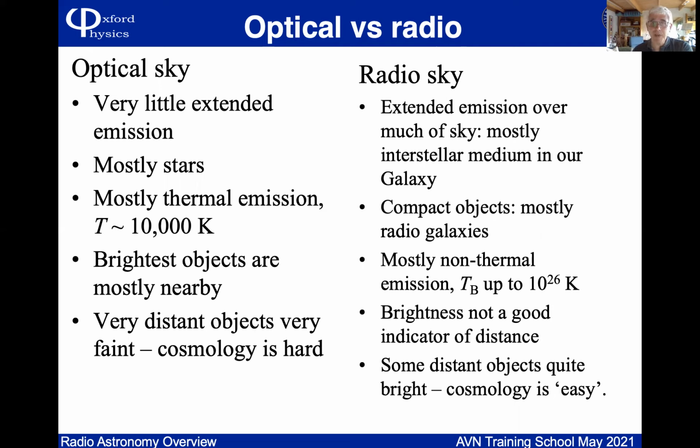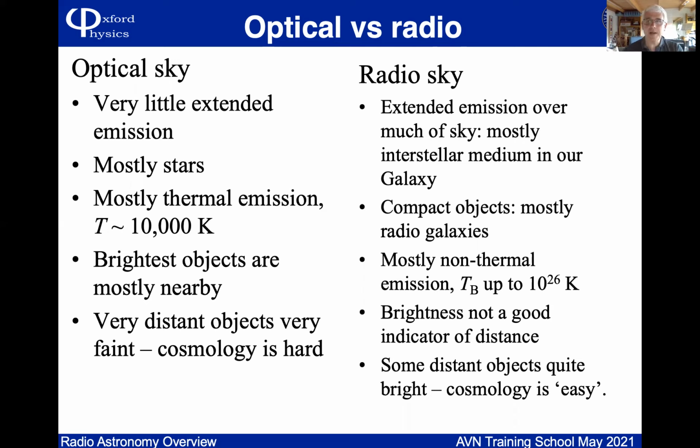In the radio sky, however, we see extended emission over much of the sky. We see a lot of compact objects as well. These are mostly radio galaxies. Mostly the emission that we see is non-thermal, and the brightness temperatures, we'll talk about what that means in the next lecture, are huge values, not corresponding to any physical temperature.